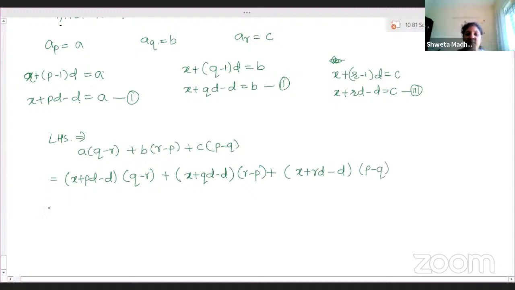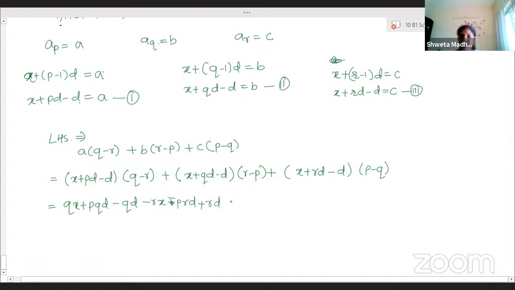Now multiply by opening the brackets. Q with all three terms: QX plus PQD minus QD. Then minus R into the first three terms: minus RX minus PRD plus RD. First part done.